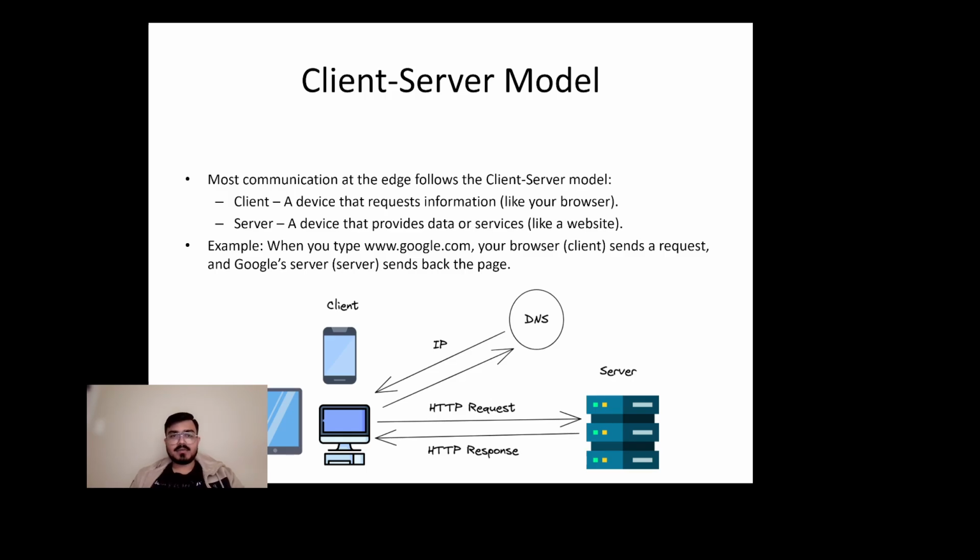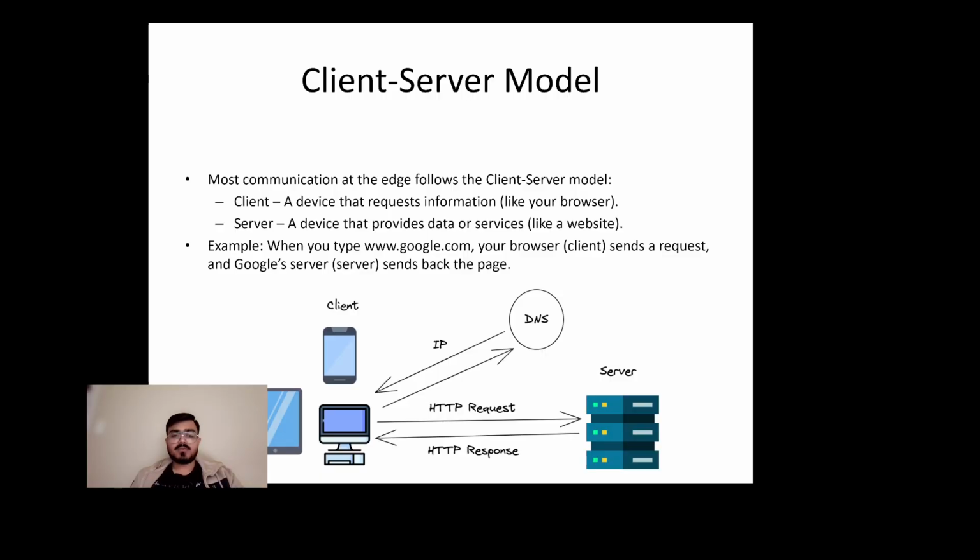Let's see the client-server model. Most communication at the edge follows something called the client-server model. Here's how it works. The client, that's your device, sends a request for information. The server, that's the provider's computer, receives the request and sends back the data.